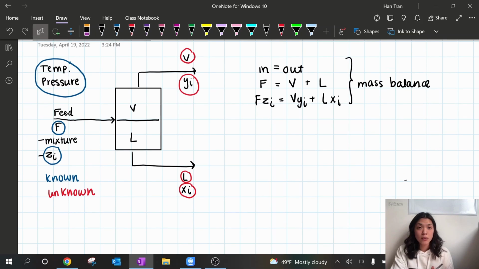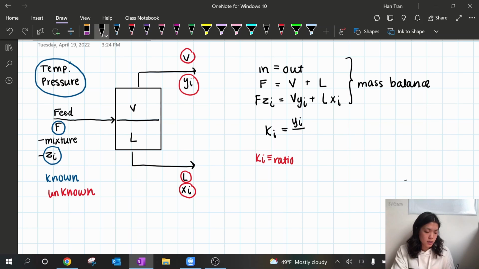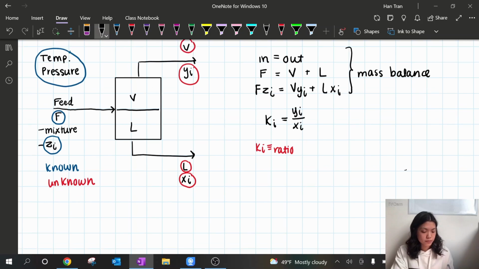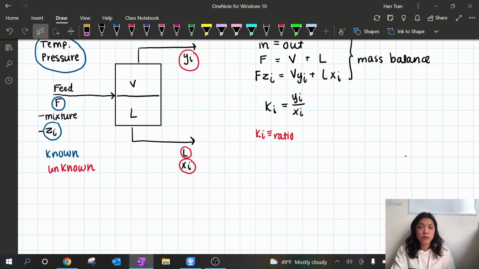Another thing that we can establish is a ratio. There is a ratio between the liquid and the vapor mole fraction. So this is the ratio between the vapor mole fraction and the liquid mole fraction. Now, we can also refer to Raoult's law.